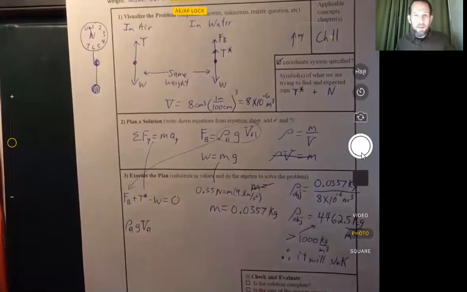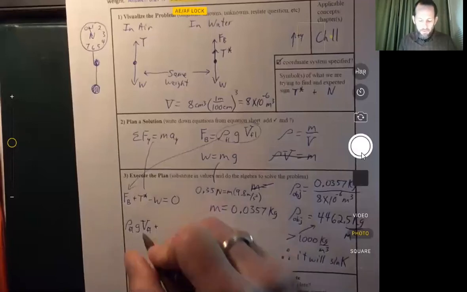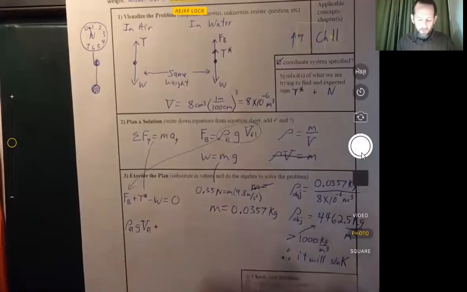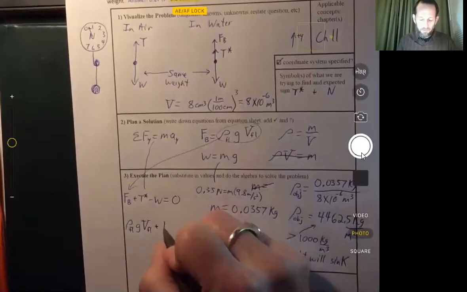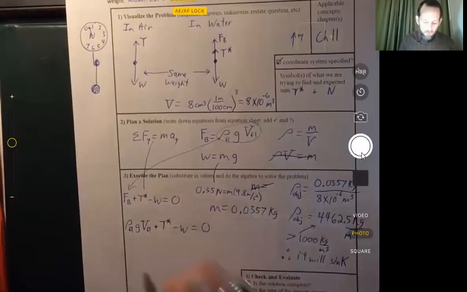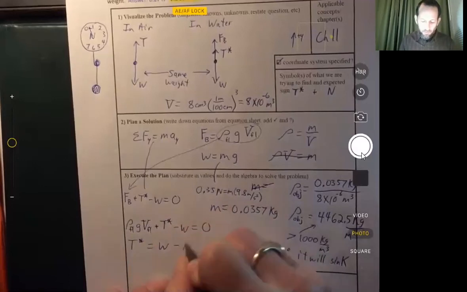Do you remember why that is? Because the object is fully submerged. The volume of the fluid displaced and the volume of the object are only equal if the entire volume of the object is underwater, if it's fully submerged. All right, so T star equals W minus this buoyant force.